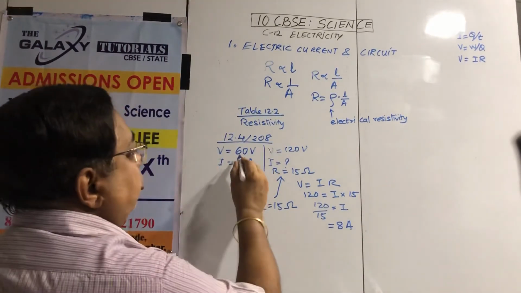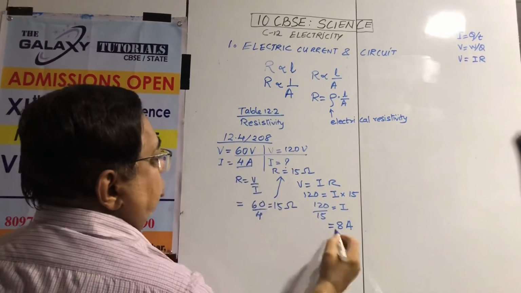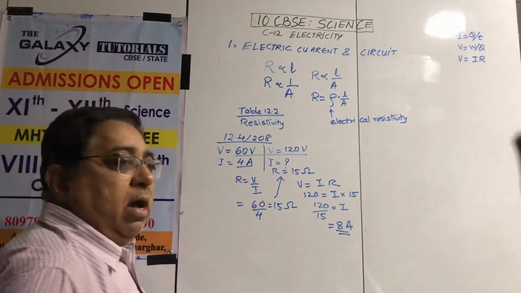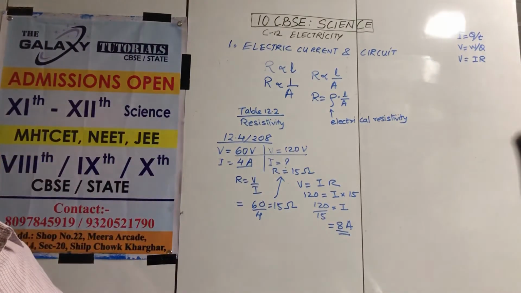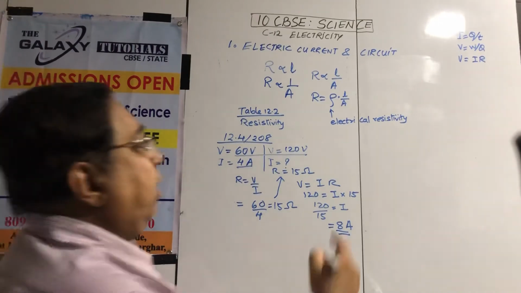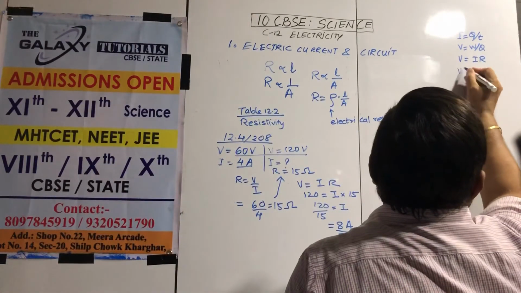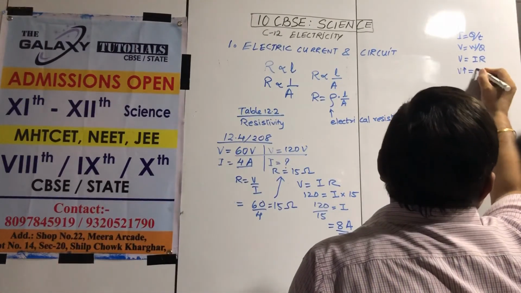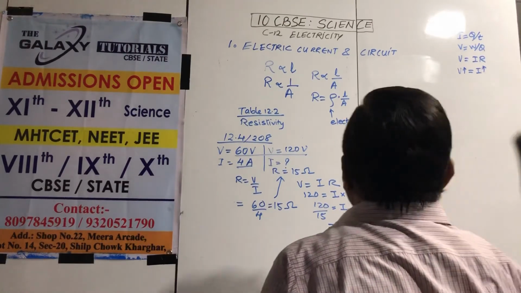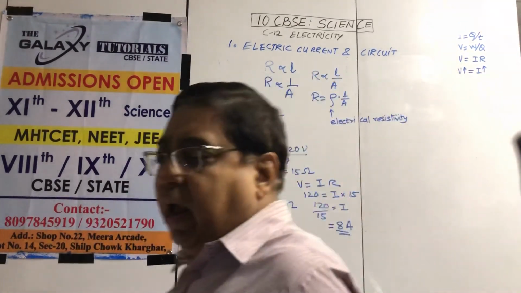Okay? So this is doubled, this also doubles. They are directly related. So this you should remember. I'll put it here. V increases by a ratio, I also increases by that ratio, for your MCQs and objective.